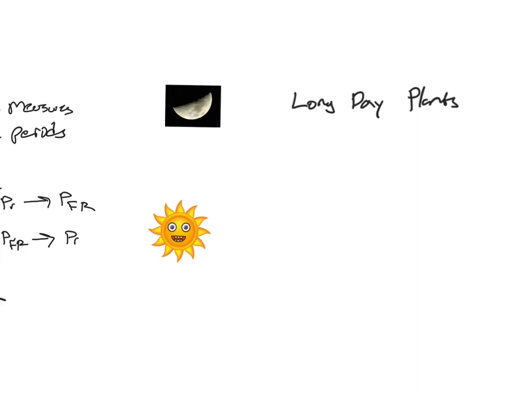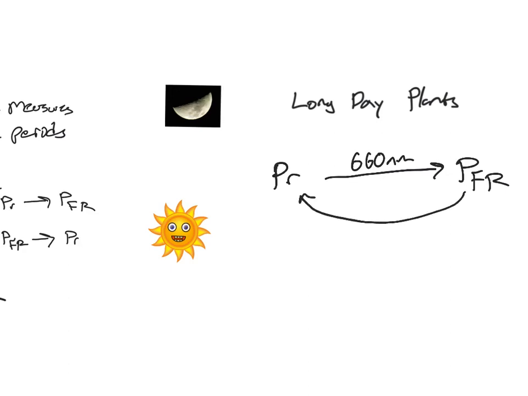So in long day plants, we've got the beginning of the day, we have our PR of the phytochrome, and it's going to be converted to PFR when there's 660 nanometer light present during the day. At night, that PFR is going to get converted back to PR in the far red light.